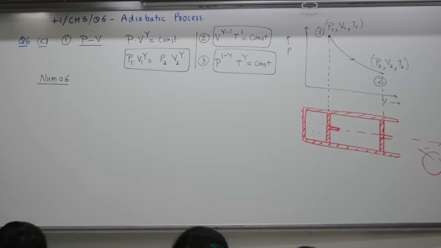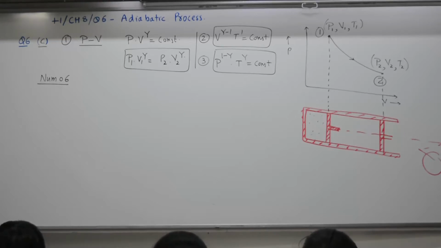A part is slowly, that is isothermal process. B part suddenly to 1/3 of its volume. Find the rise in temperature, if any, in each case. Gamma is 1.4.